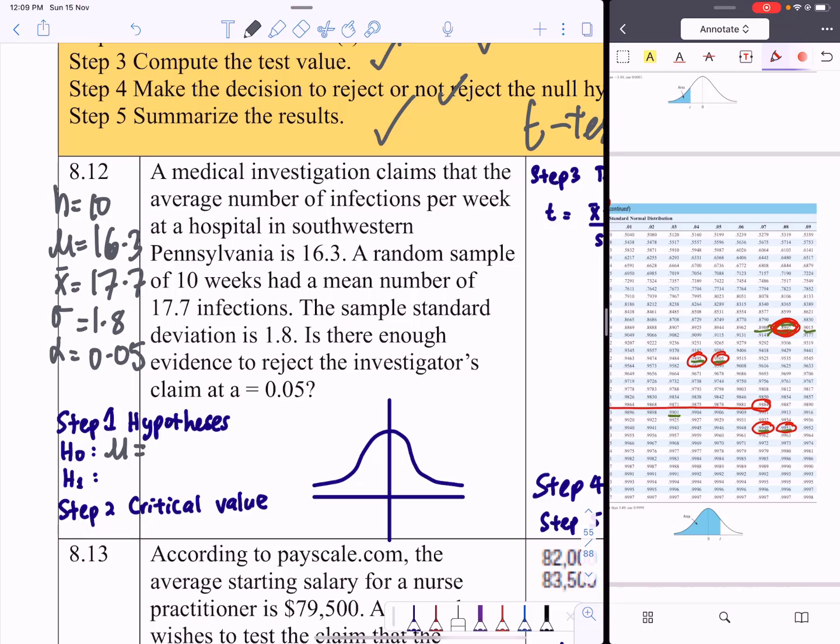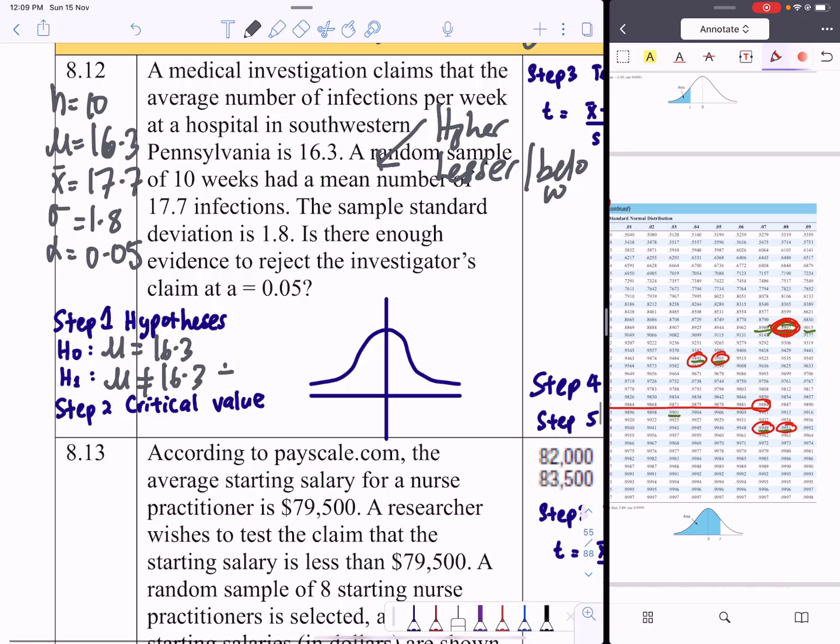For the null hypothesis, it will be equal to 16.3. For the alternative hypothesis, it is not equal to 16.3. There is nothing written higher, lesser or below, anything showing it is less or more, so it is not equal. So when it is not equal, it is two tail.